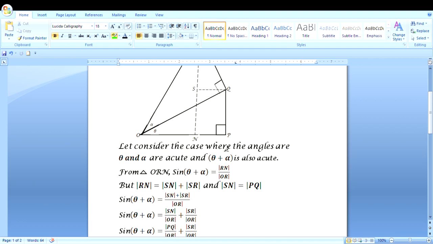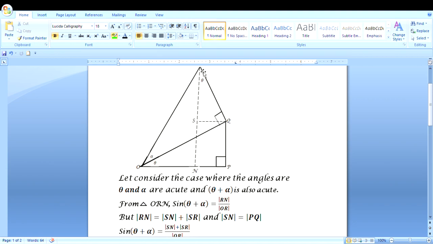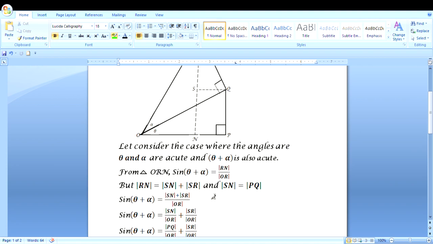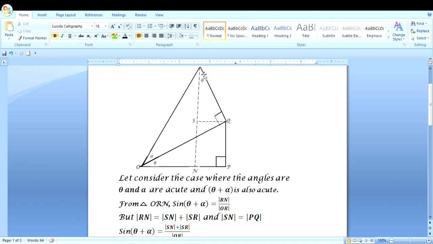Okay, here from this triangle here, we have another triangle. From this perpendicular line from R to N, we have another triangle which is ORN. So we use that one to establish our fact that sine of the sum of this angle, theta plus alpha, is equal to sine is opposite over hypotenuse.